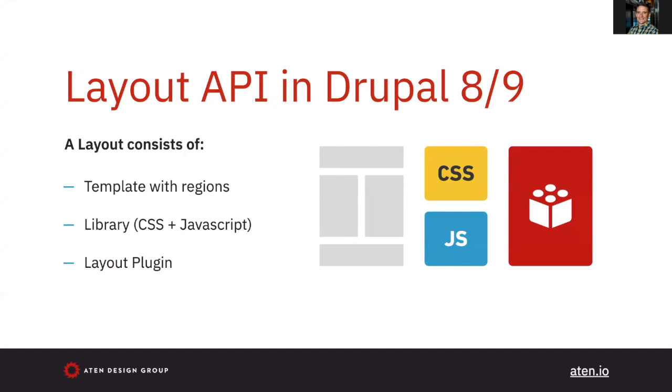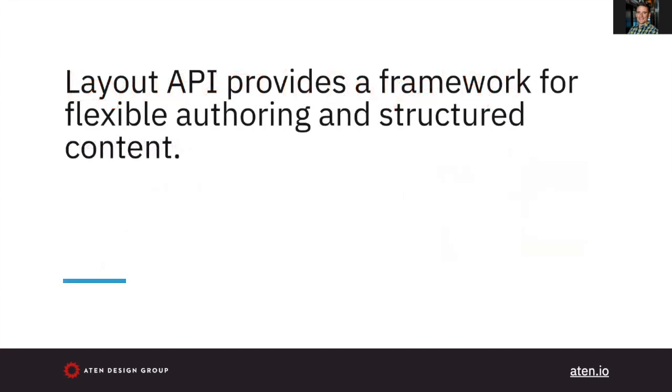And 3 is a layout plugin, which is the back-end piece of functionality that provides for back-end behavior or configurations. The Layout API itself isn't the solution, but it provides a framework for building solutions and providing flexible authoring without sacrificing structured content, which again is just a really, really important concept.